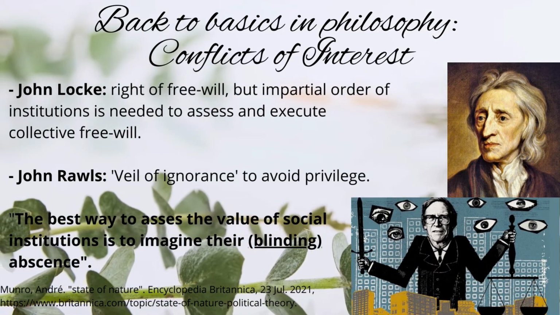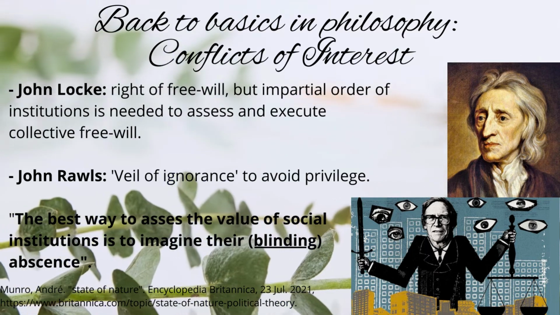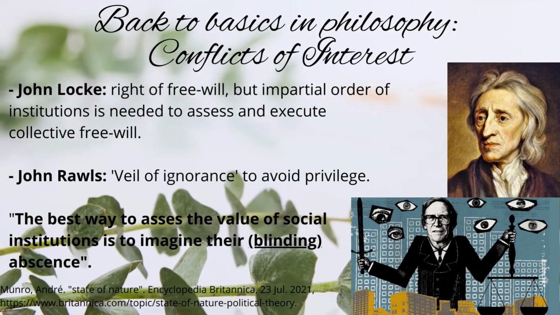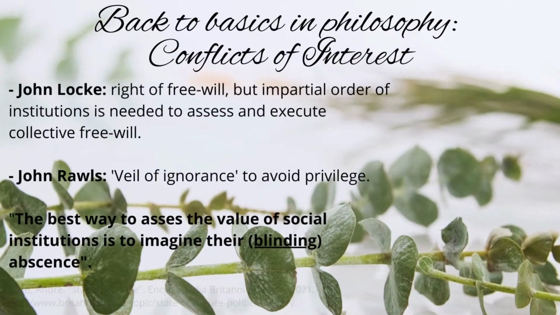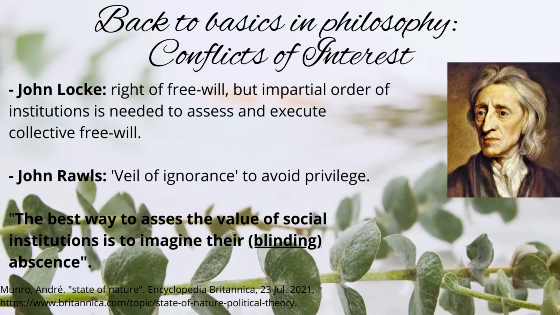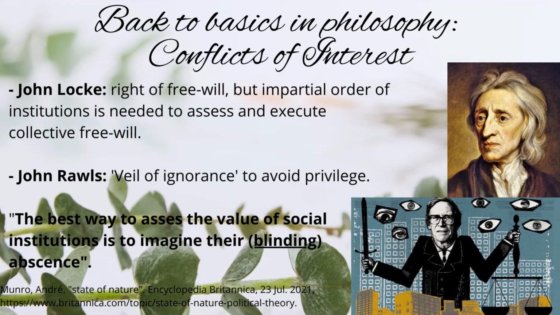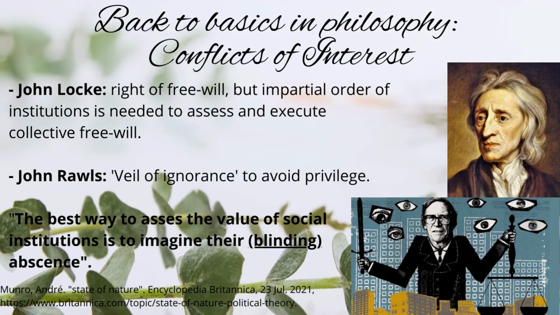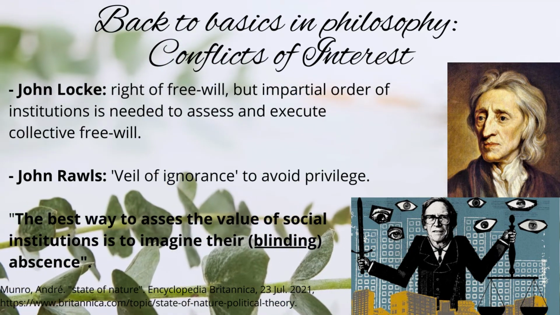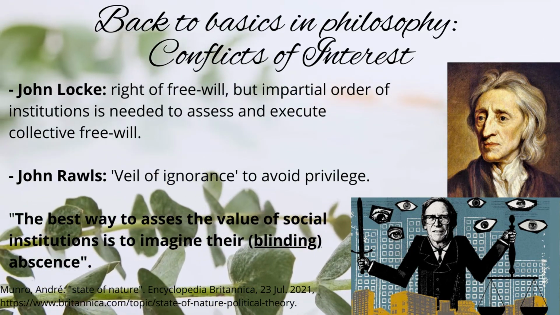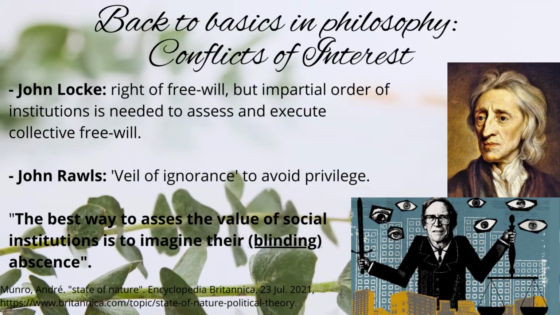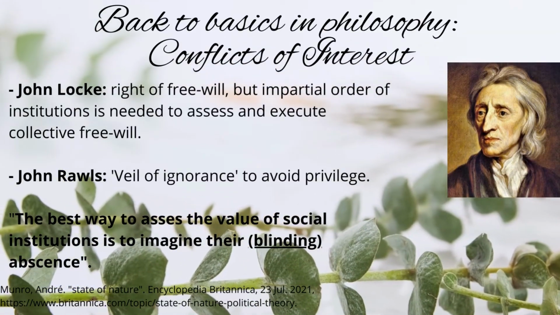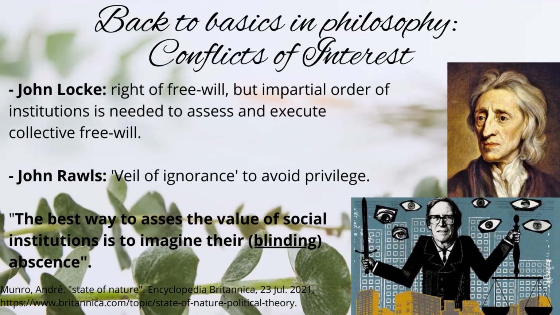He refers to the so-called veil of ignorance, which, in a blinding manner, speaking about research, may be the best way to assess and accomplish the value of institutions, where no conception of privilege or privation was possible in the minds of individuals that formed these institutions. He said the best way to assess the value of social institutions is to imagine their absence, as in blinding.